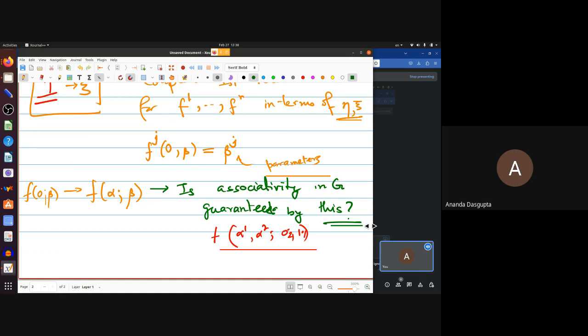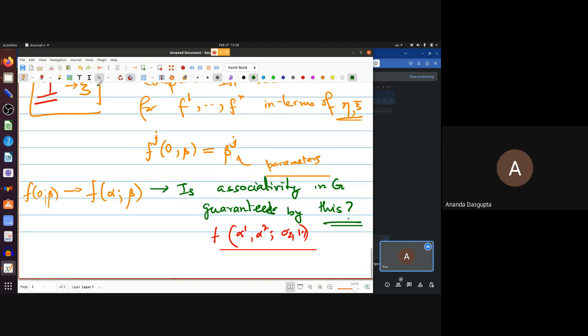Why? Because it might seem that since we started with associativity, did a differentiation and ended up here, that's all there is to do. You're done. But actually, things are not that simple. Actually, you will have to check whether these functions that you get by solving these PDEs actually satisfy associativity or not. Okay? So that is a task that we have to do.